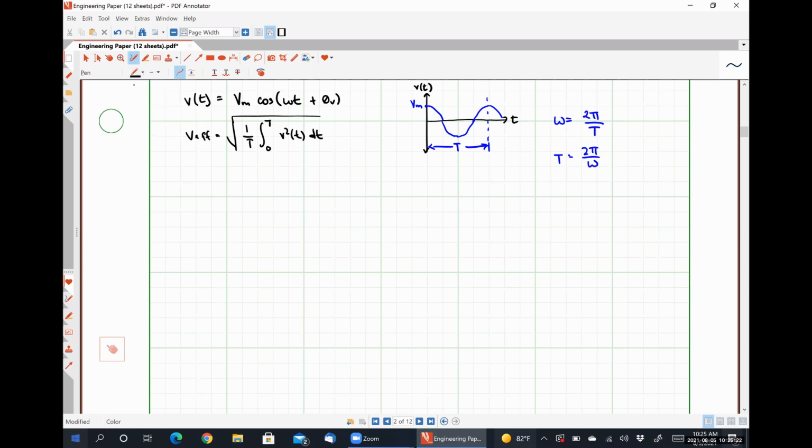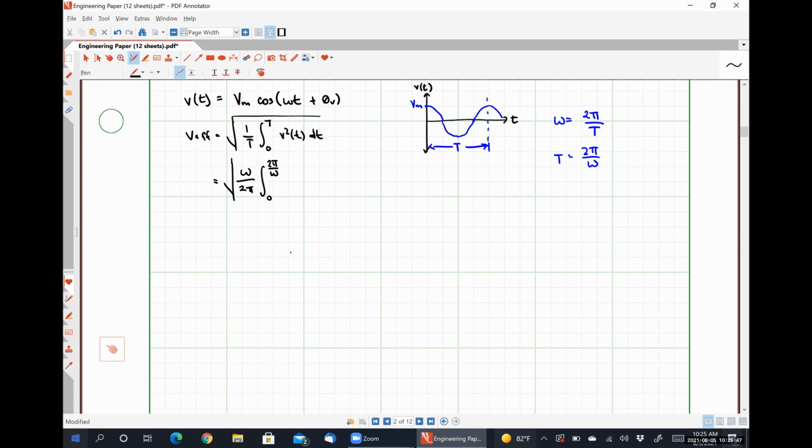All right, so with that in mind, one over T would be omega over 2 pi, and now we'll integrate from 0 to 2 pi over omega. And I'm going to use that trig identity that I used before when we multiplied cosine functions together.